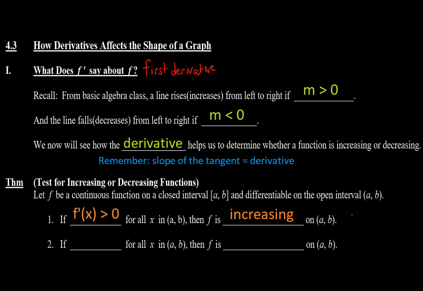So if you have a positive slope for your tangent, you know that your function's increasing. It's going uphill. If your derivative is negative, or less than 0, for all x values in the interval (a, b), then f is decreasing on (a, b). It looks like that. The slope of the tangent would be negative. That means it's going downhill.